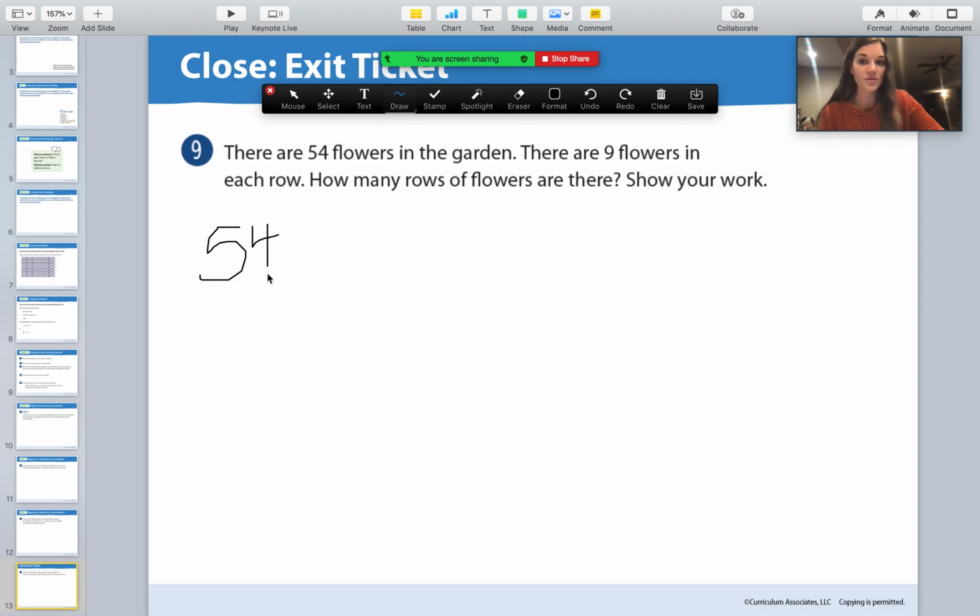So 54 divided by, okay, there are 9 flowers in each row. How many rows of flowers are there? So we know that there are 9 flowers in each row. But what are we trying to find? How many rows are there?